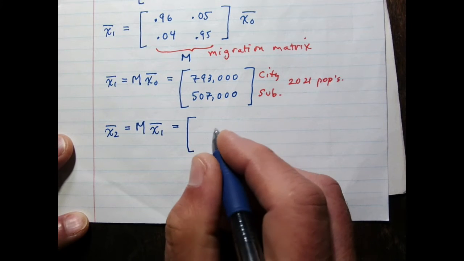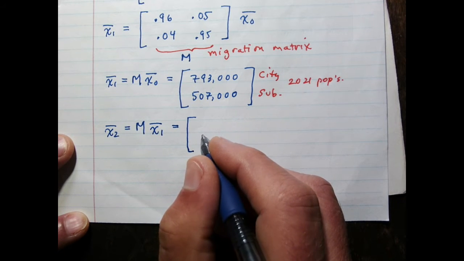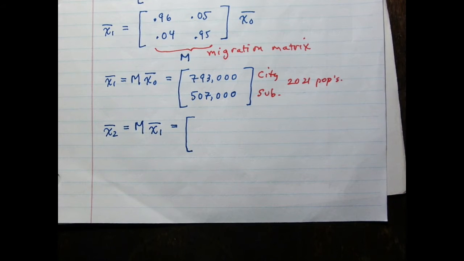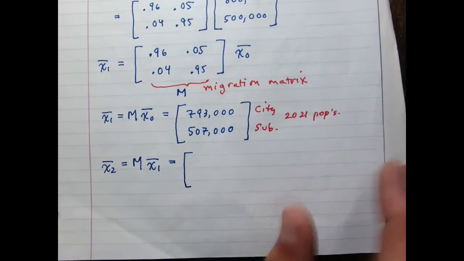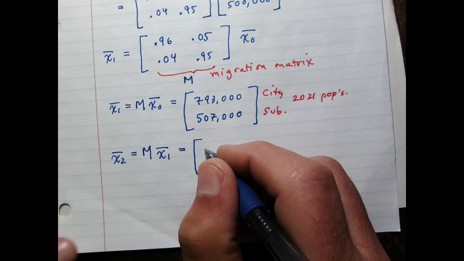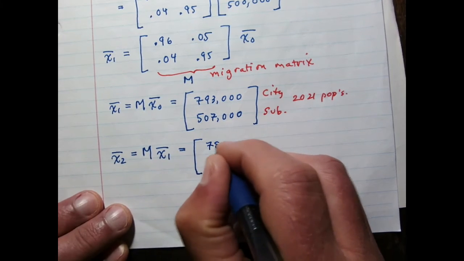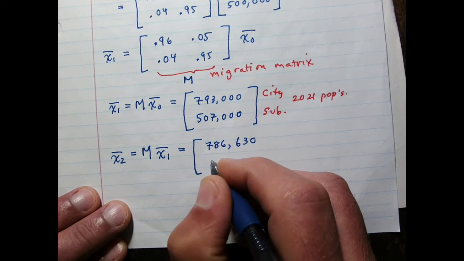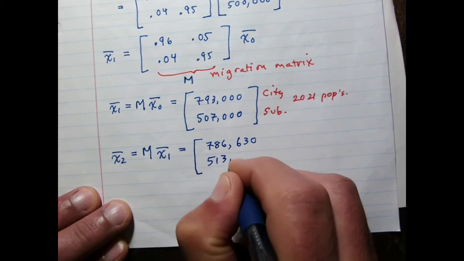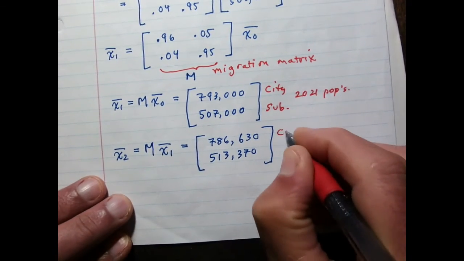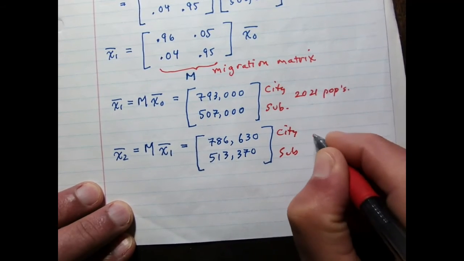And so let's see, x2 is, let's see, what do we want? We want 2021, 2022. So I have 786,630 and 513,370. And again, that's city population, suburban in 2022.